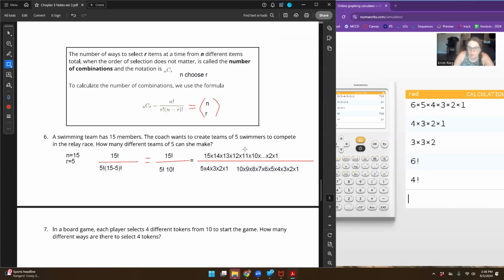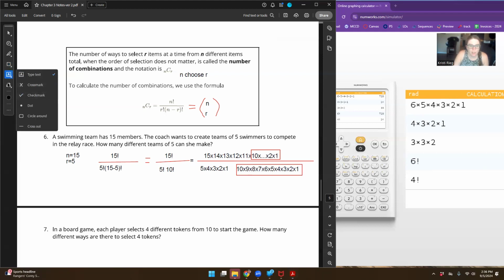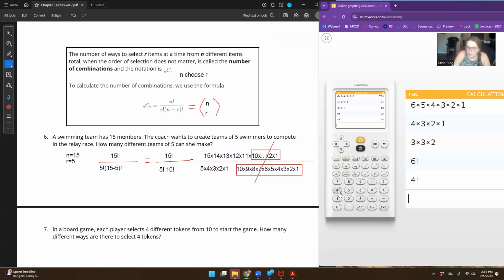So what I have here is 10 factorial. I have 10 times 9 times 8 times 7 times 6, all the way down to 1. And down here, I also have 10 factorial. So by the magic of fractions, we can reduce.